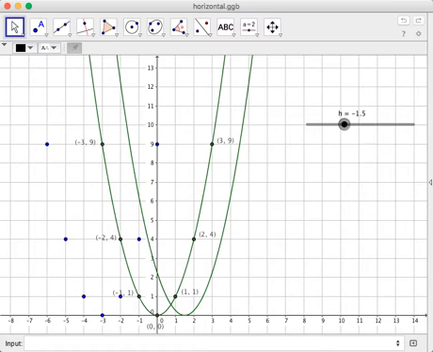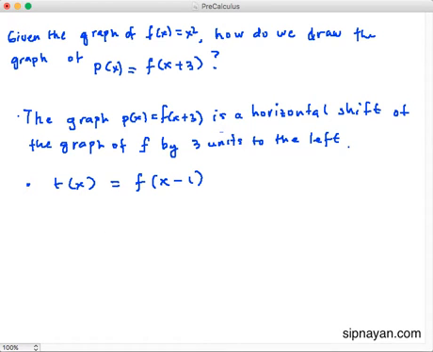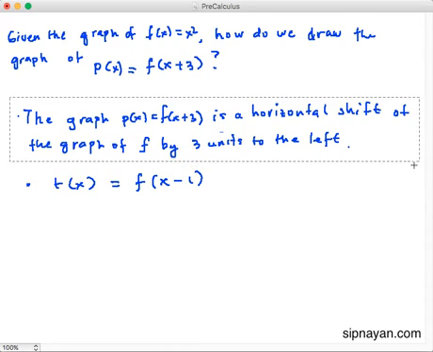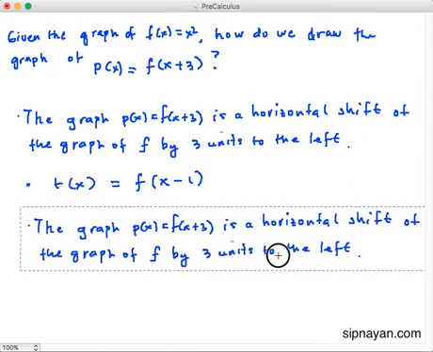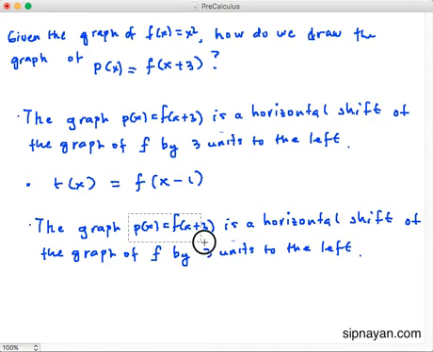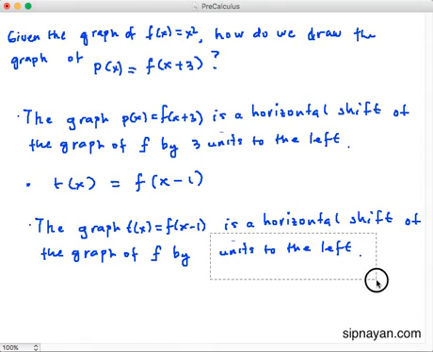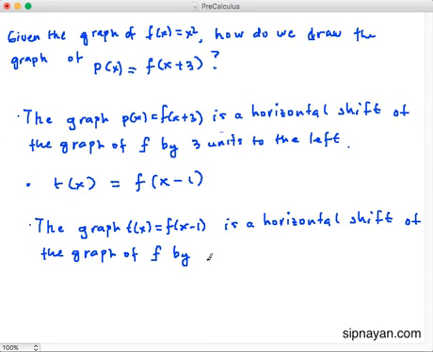So, meaning, papalitan lang natin to. This is the same, no? So, the graph of t of x, palitan lang natin itong equation. The graph of t of x is equal to f of x minus 1 is a horizontal shift of the graph of f by, ilan yun nandito? 1 unit to the left or to the right? 1 unit to the right.